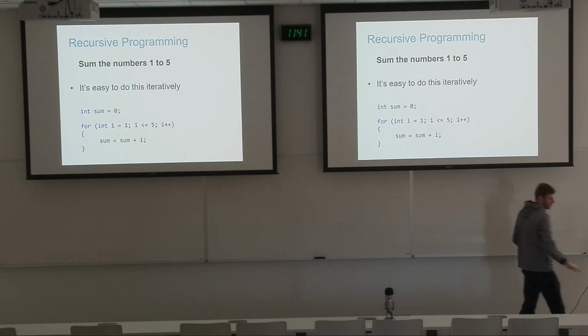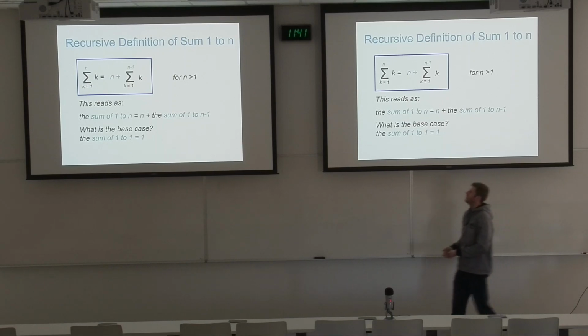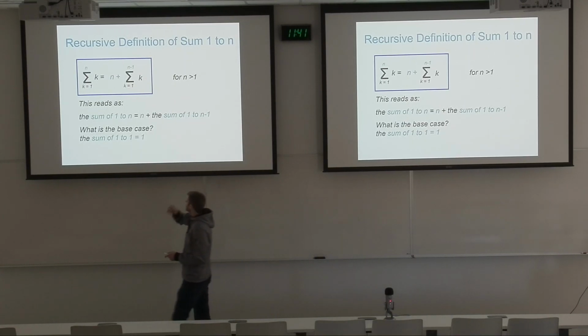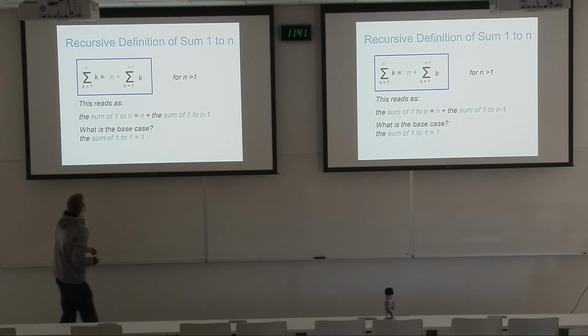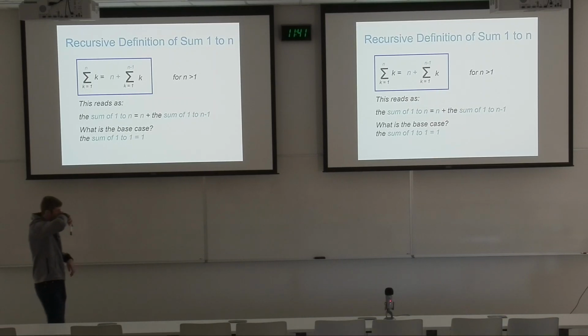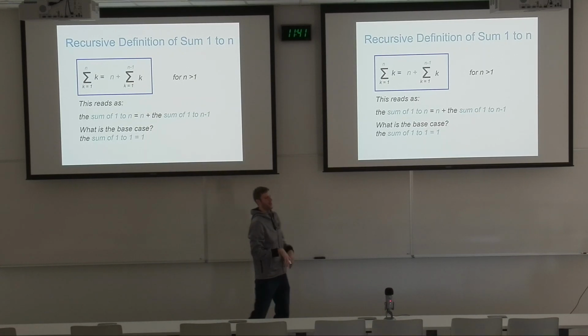It's nice. But we could think of this. So let's put our math hats on. The sum of all the numbers where k starts at 1 and goes to n is going to be n plus the sum of all the numbers up to n minus 1.